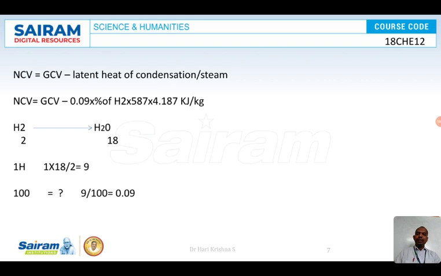The question is, why 0.09? When 2 moles of hydrogen undergo oxidation, they liberate 18 grams of water. So for 1 gram of hydrogen, how much water will be liberated? Just cross multiply, we get 9 grams of water. So 1 gram of hydrogen, if it undergoes oxidation, liberates 9 grams.